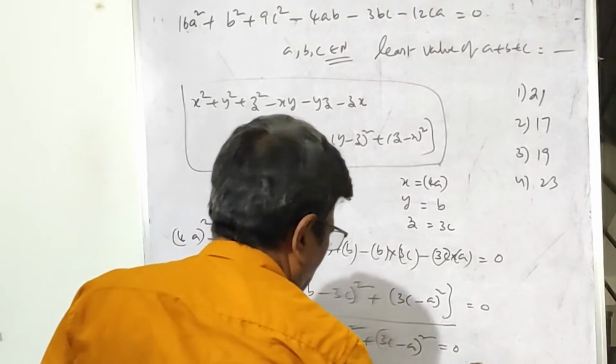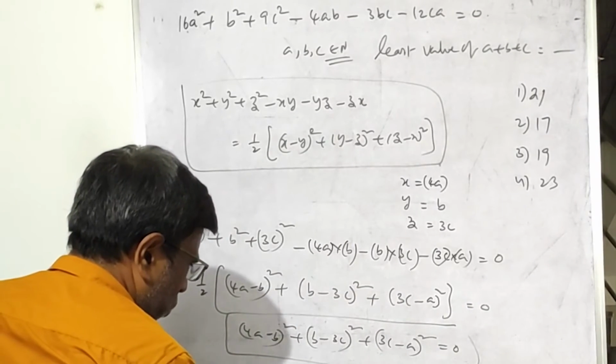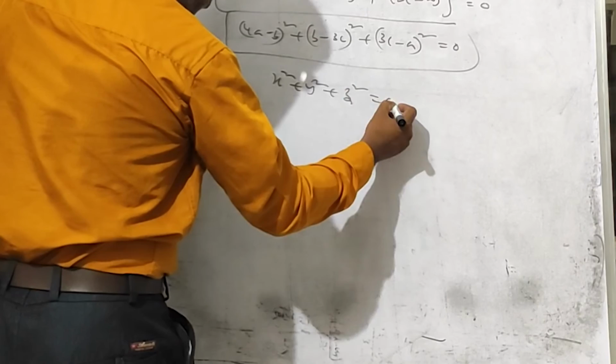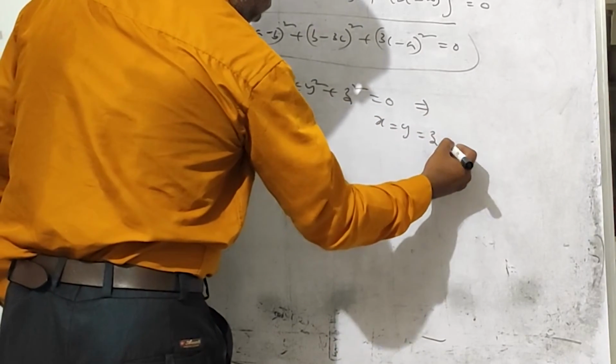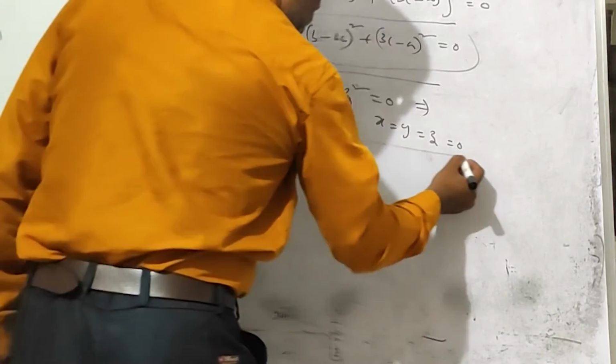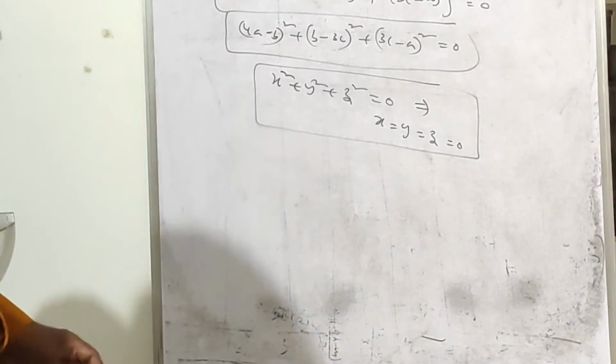This is the second formula, that x square plus y square plus z square equals 0 implies x equals y equals z equals 0. Based on these two formulas, we can solve the problems.